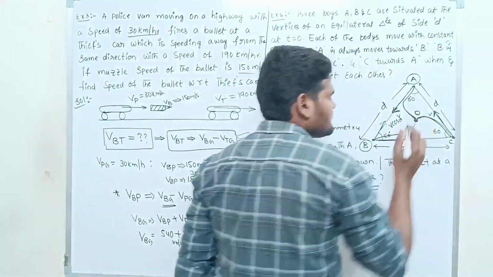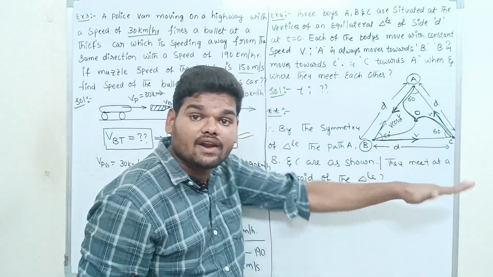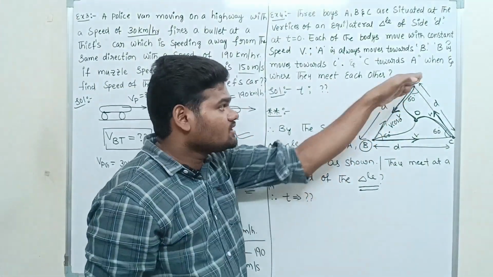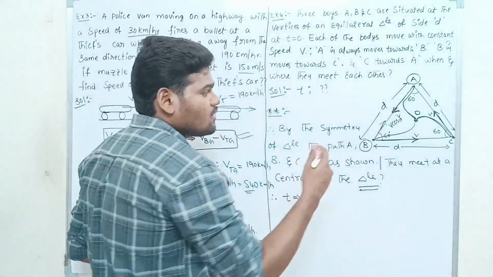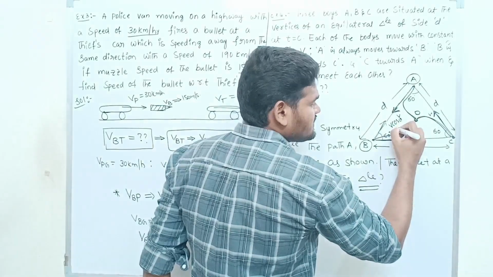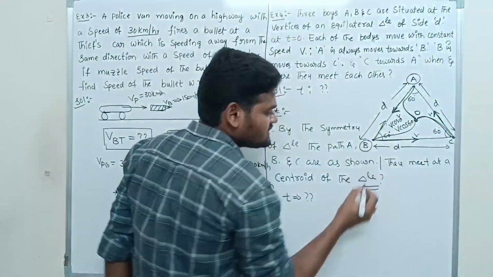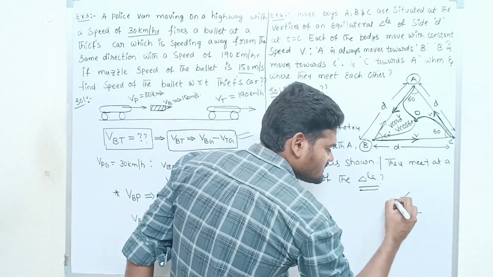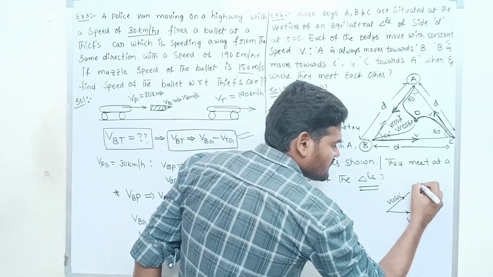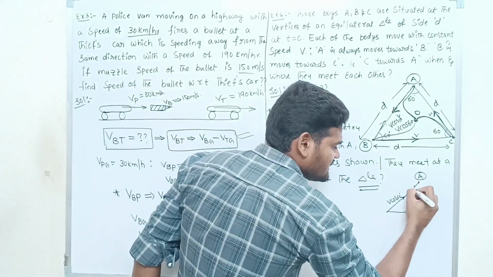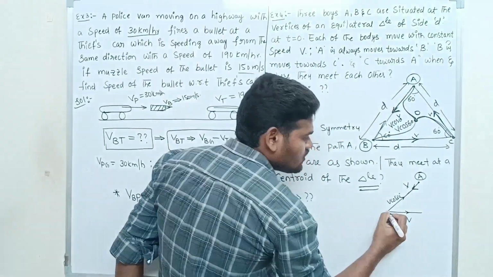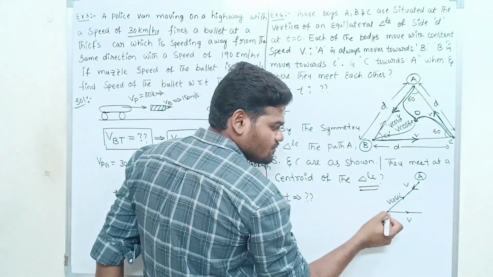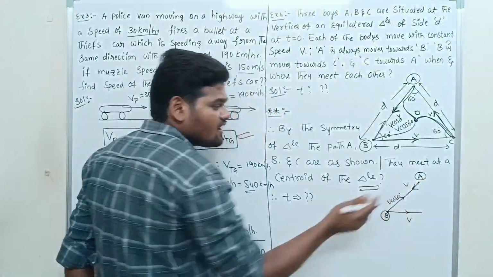That means the velocity component of this boy B towards the direction of person A is given by V cos theta, that means V cos 60 degrees. And from this point, person A is also moving with velocity V towards B.